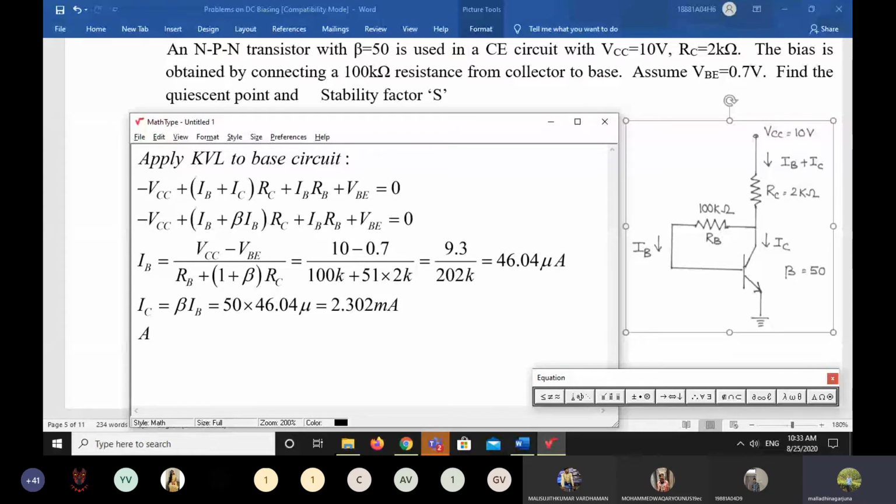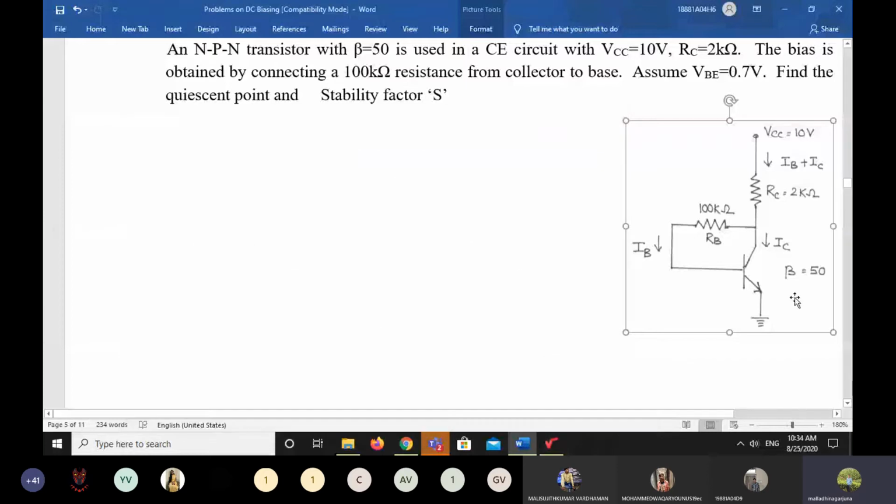Next, apply KVL to the collector circuit. You'll get minus VCC, then the voltage drop across RC, then the voltage drop across the collector to emitter, connected to the ground.